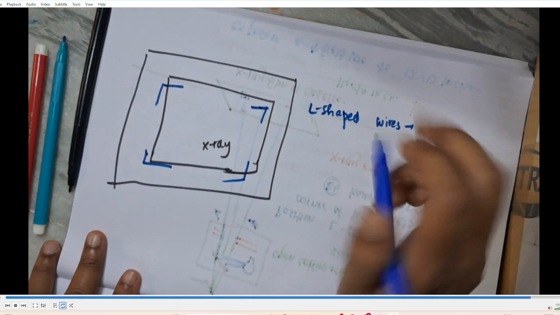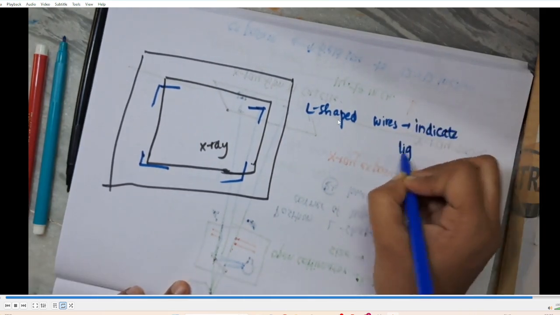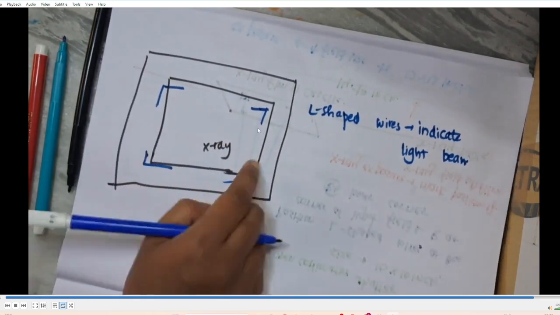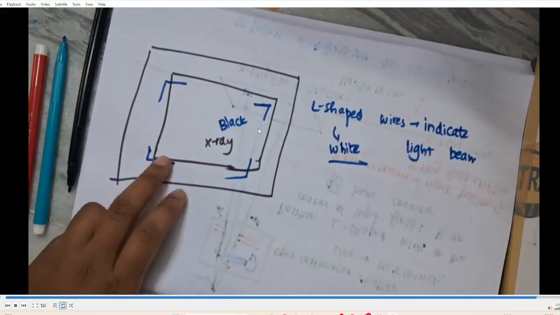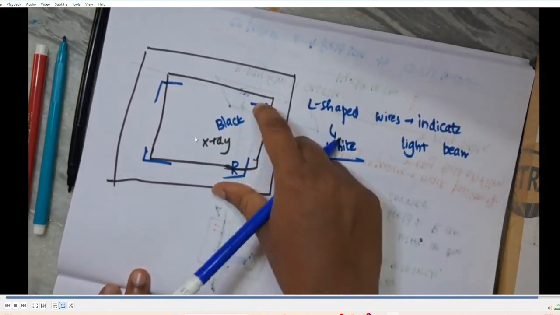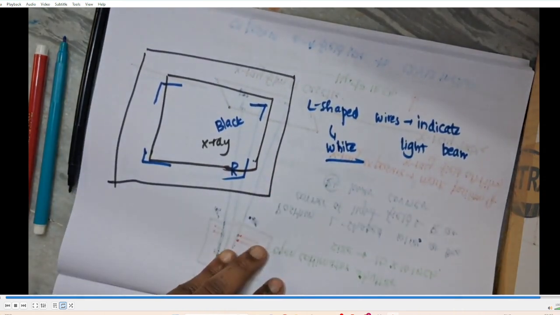A test film taken with a collimator whose mirror is out of adjustment is shown here. The L-shaped wires indicate the light beam, whereas the dark area indicates the position of the X-ray beam.